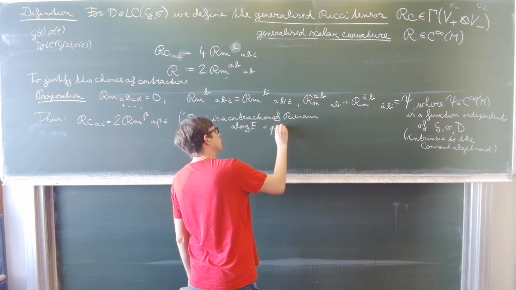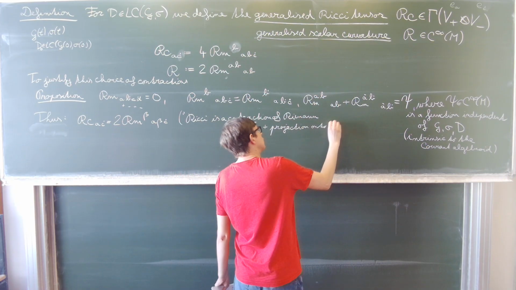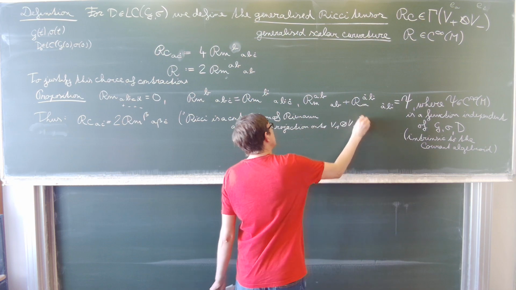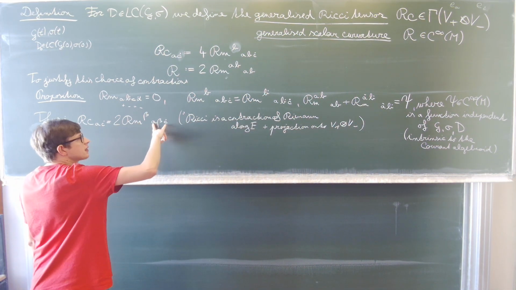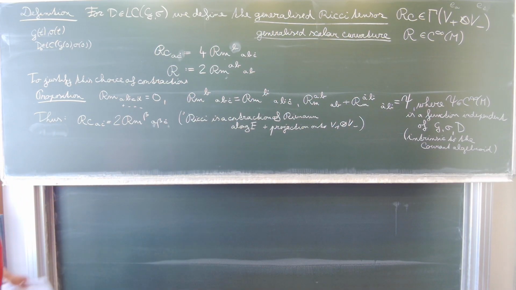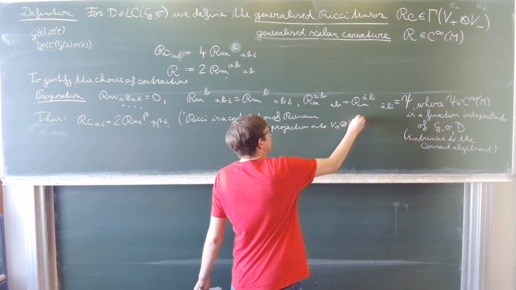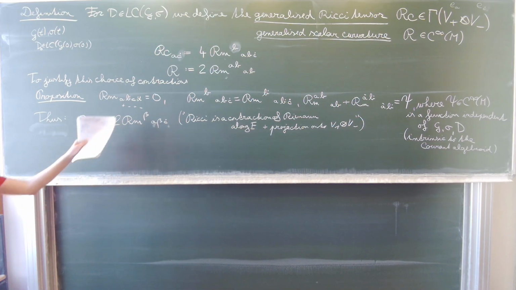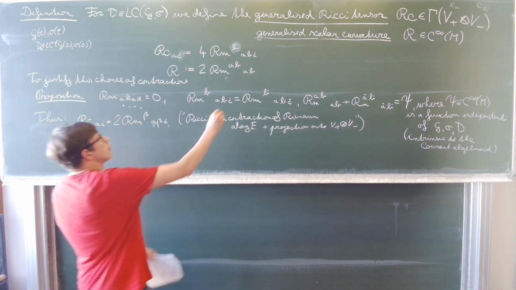But then plus we project the result onto V plus tensor V minus. Because note that in this contraction I'm specifying that I want this index to live in V plus. I specify that I'm interested only in the V plus tensor V minus part. I'm not interested in the cross part. In fact, they are not good objects. So this is just put slightly more explanation that I could have defined it more along the usual definition, and in fact it gives the same thing because of this equality.